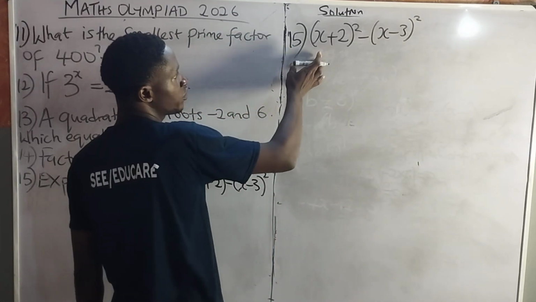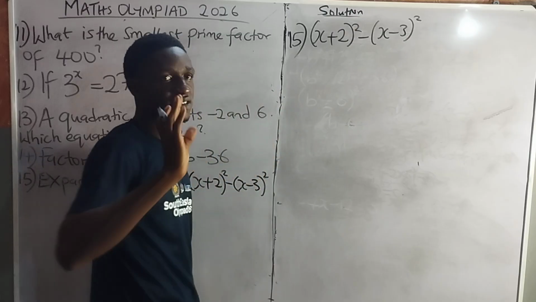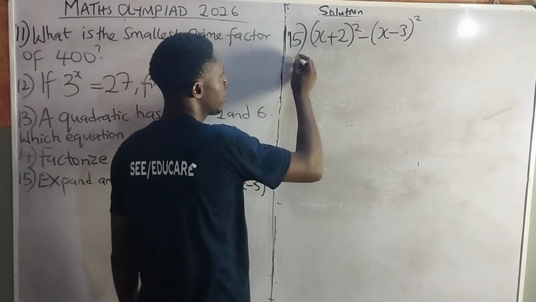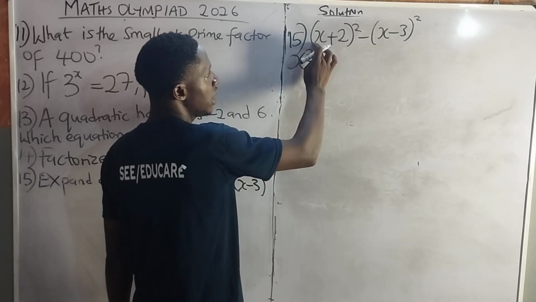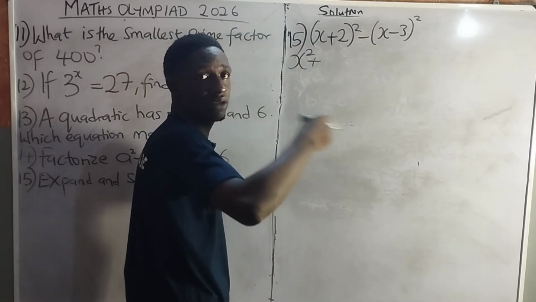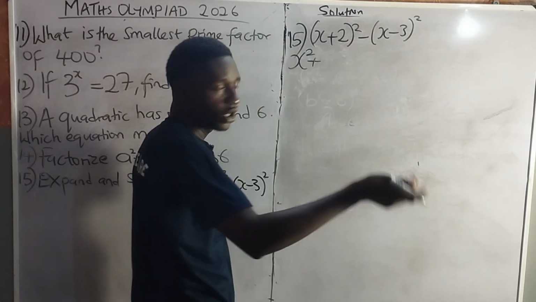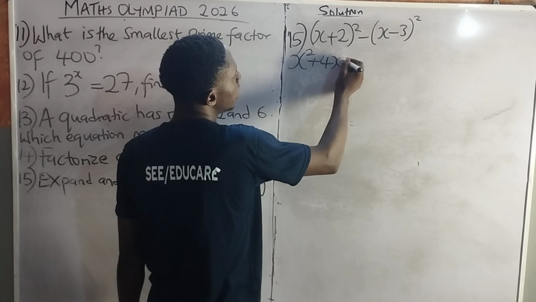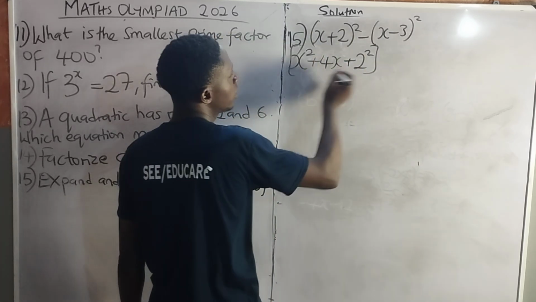Please, you have passed the level of doing x plus 2 bracket x plus 2. I'm not saying it's wrong, but the fastest way to do that is to pick the first term, square it, plus multiply these two terms. x times 2 is 2x. Then use 2 to multiply it. So x times 2 is 2x, times 2, which is 4x. Then square this one, which is 2 squared. This is for the first one.